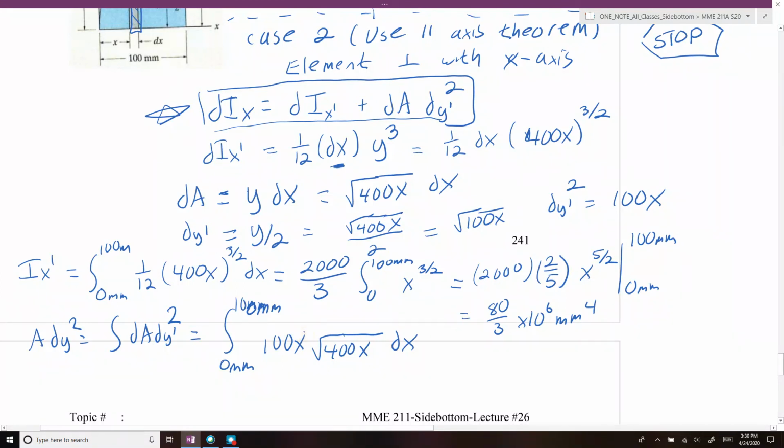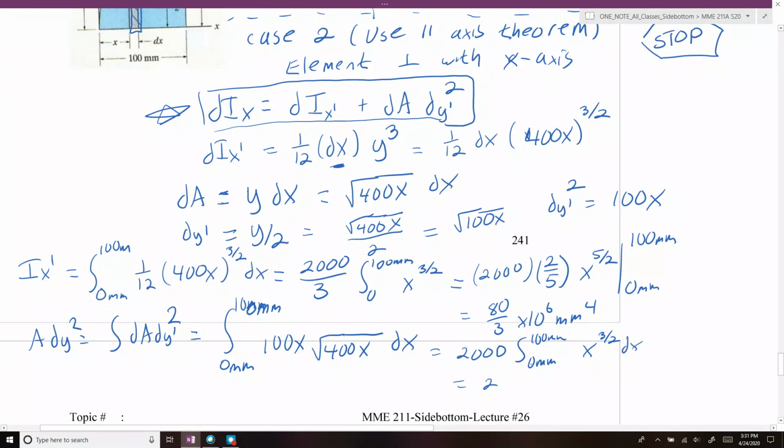The square root of 400 is just 20, so we can take out 2000 from this integral, and then we get x to the 3/2 dx.